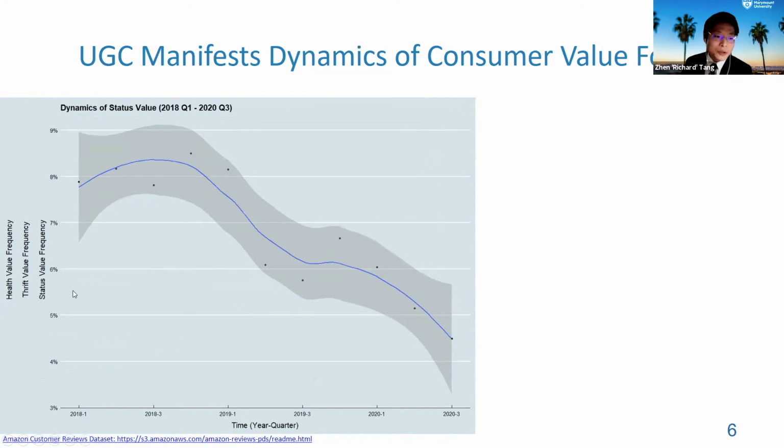Other values include social status. Nowadays, the whole country is locked down. We stay at home. Whether consumers are going to pay less attention to conspicuous consumption or brand recognition in their consumption, that is the question the advertising company cares about.